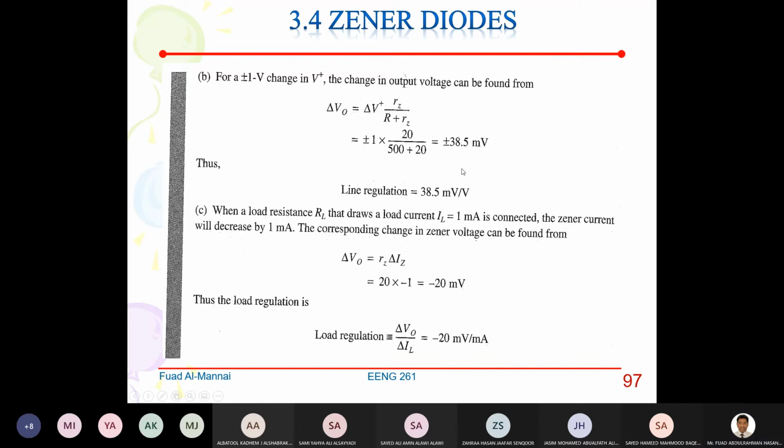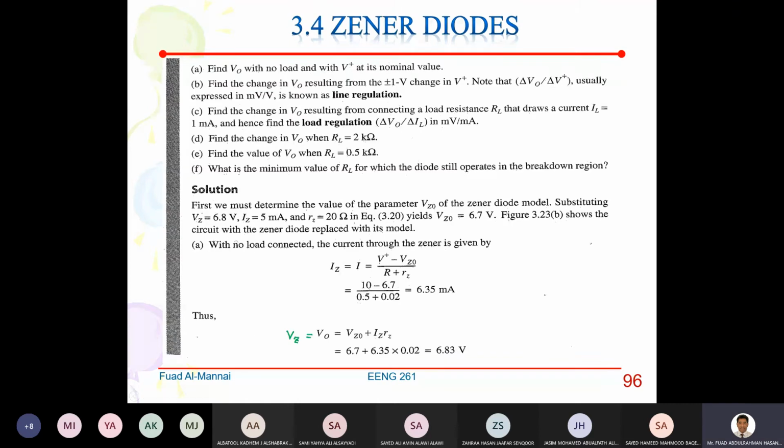The third one here, he said, find the change in V out resulting from connecting a load resistor RL that draws a current IL equal to 1 milliamp, and hence find the load regulation.